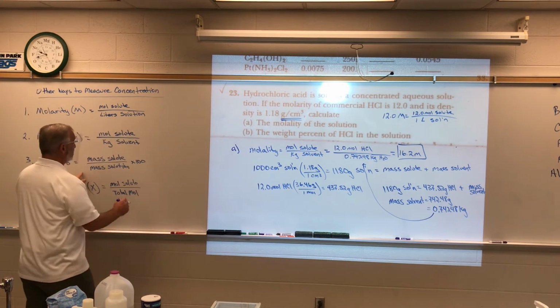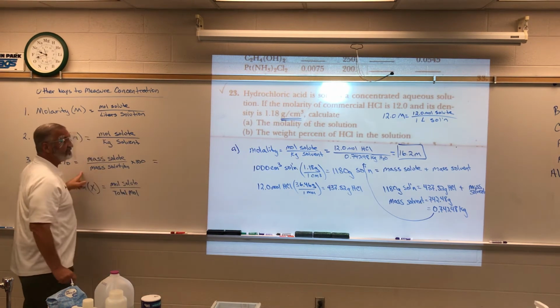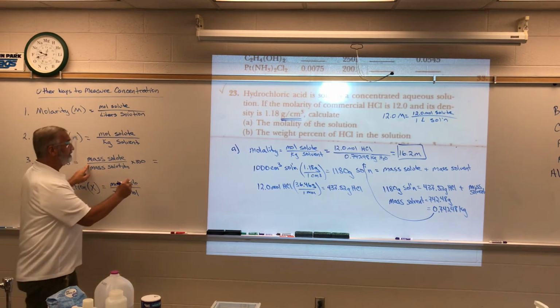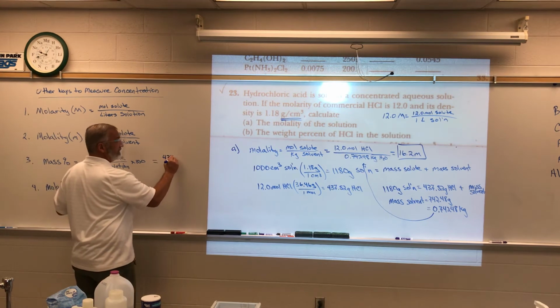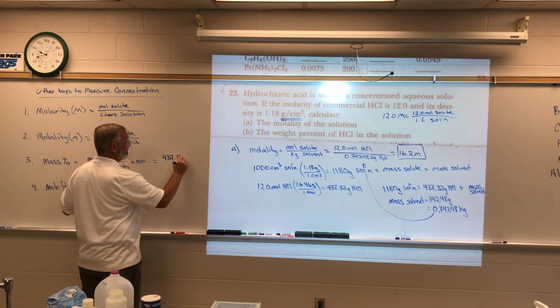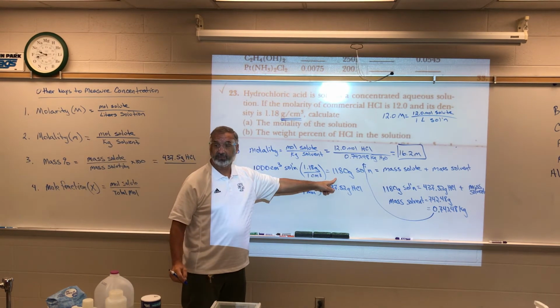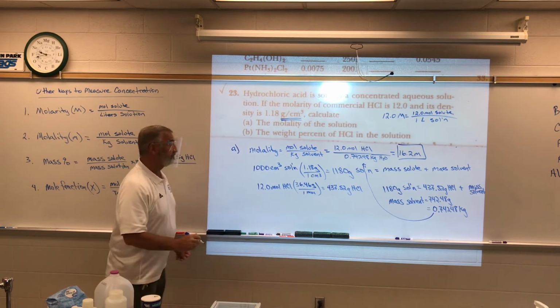I'm just going to do it right off of this right here because I'm out of board space. But I already know now the mass of the solute. We figured that to be 437.52 grams of HCl. We already know the mass of the solution, 1180.